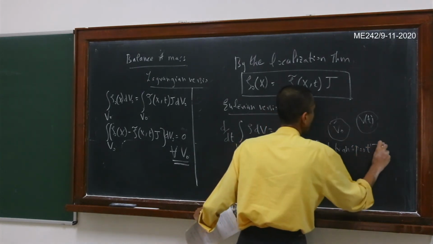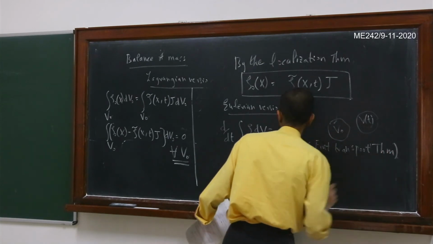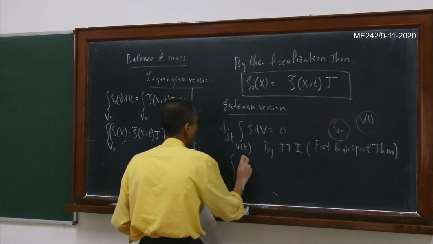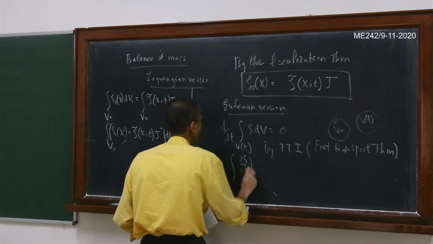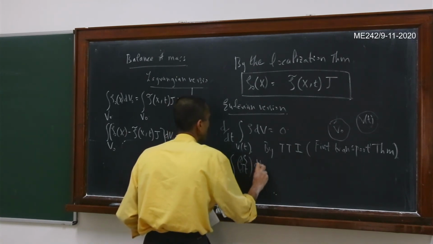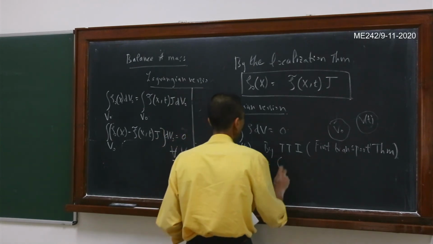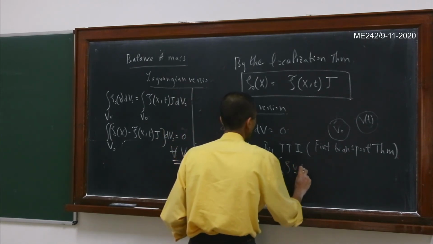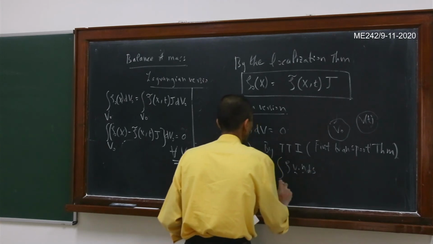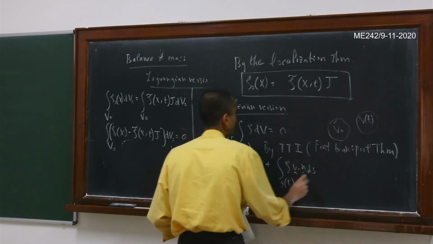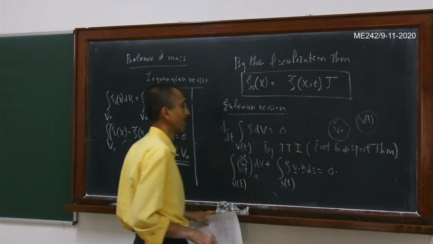By that I can write this as the integral of del rho by del t, keeping x fixed, over dV, plus the integral of rho v dot n dS over S of t is equal to 0. So this is what we'll get.